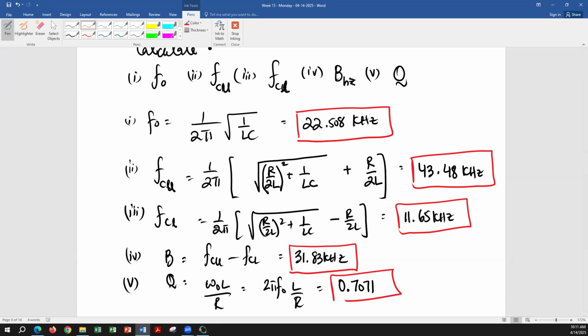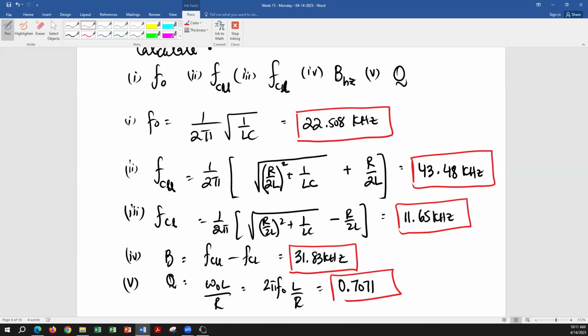And now to plot this, we know that the center frequency is 22.508 kilohertz, lower cutoff is 11.65, upper is 43.48. So you want to plot it beyond 43.48 kilohertz, maybe much larger, because at 43.48 kilohertz you have a magnitude of 0.707.